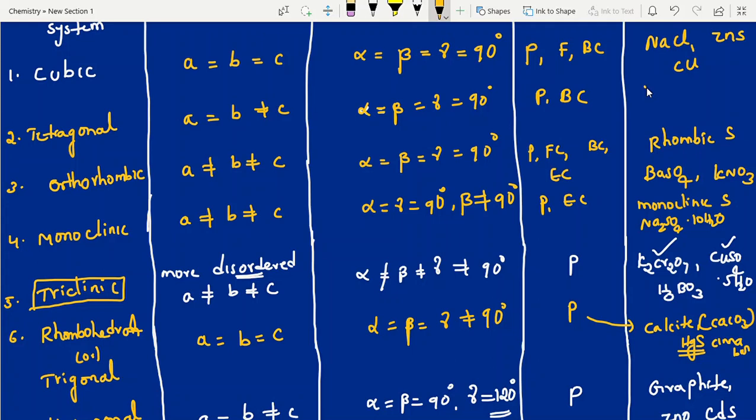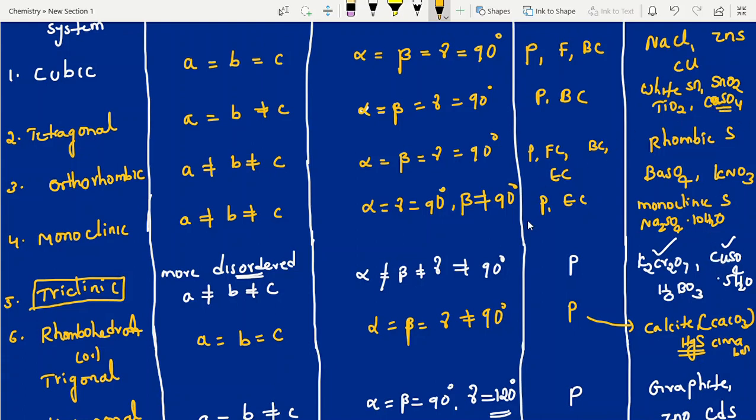Tin oxide, white tin, and tin oxide SnO2, and titanium oxide TiO2. These are all examples. And calcium sulfate, not copper sulfate; copper sulfate is triclinic, but this is calcium sulfate.